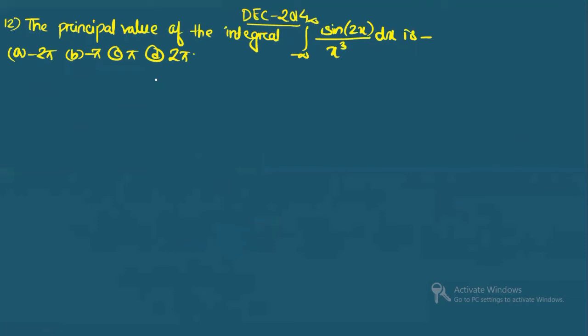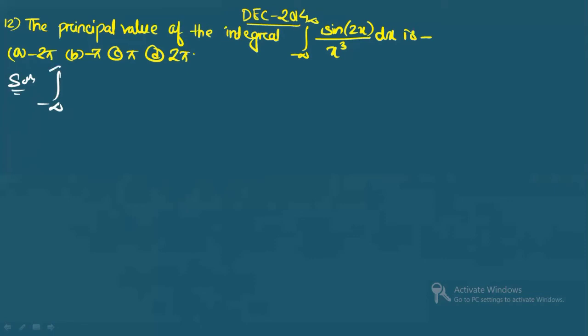Now let's see the next question. You will have to find the principal value of the integral from minus infinity to plus infinity of sine 2x by x cube dx. Okay, so directly you can do it.